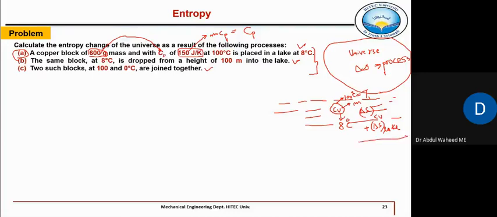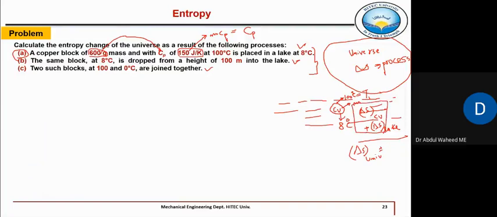And then we have to add these two entropy changes. So the total net entropy change, delta S of universe due to this process, is equal to the entropy change of copper plus the entropy change of lake.